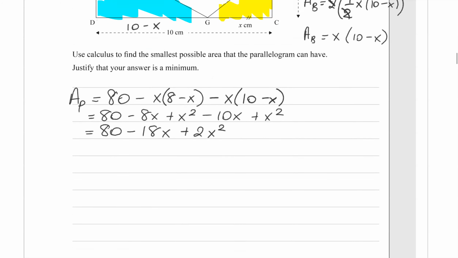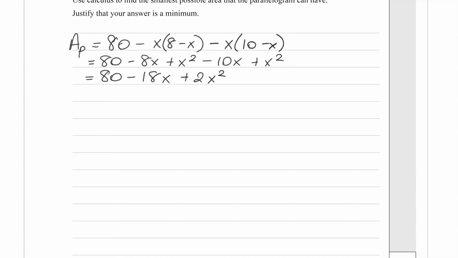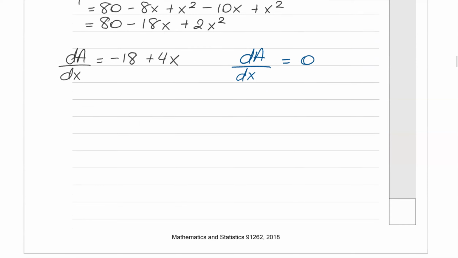Now I'm actually going to differentiate this because I want to find the smallest possible area. So dA over dx equals negative 18 plus 4x. Now because we want to find a minimum, we have to remember that our gradient function must equal 0, because at our maximum or minimum turning points, the gradient is 0.